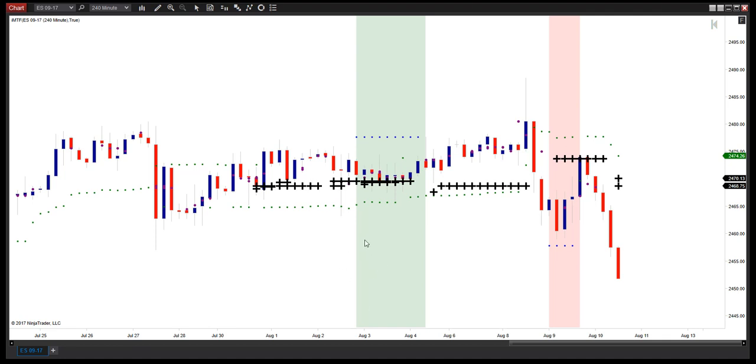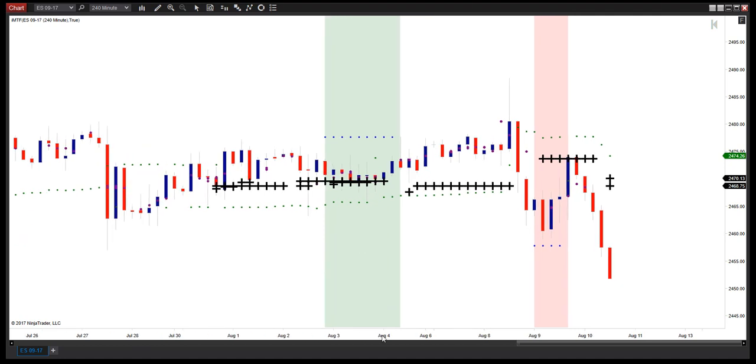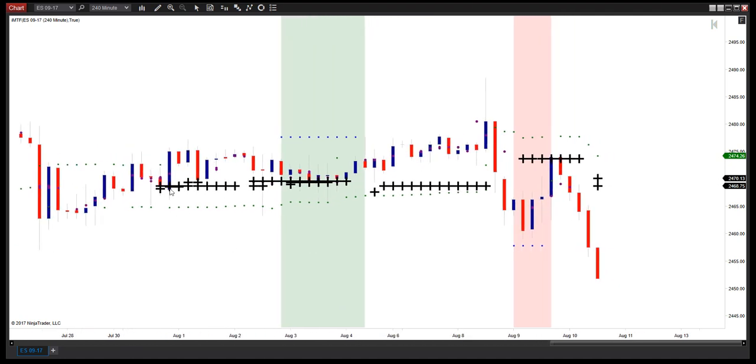Now, if you remember the IMTF indicator, the green shaded area means it's a buying opportunity, so that's when you can put buy orders in. Red means a selling opportunity. Let's zoom in here. This is where we blogged on social media, where price was maintaining these crosses.